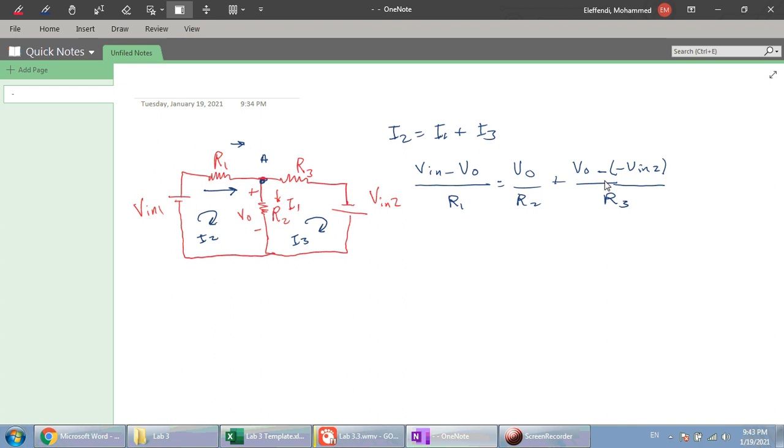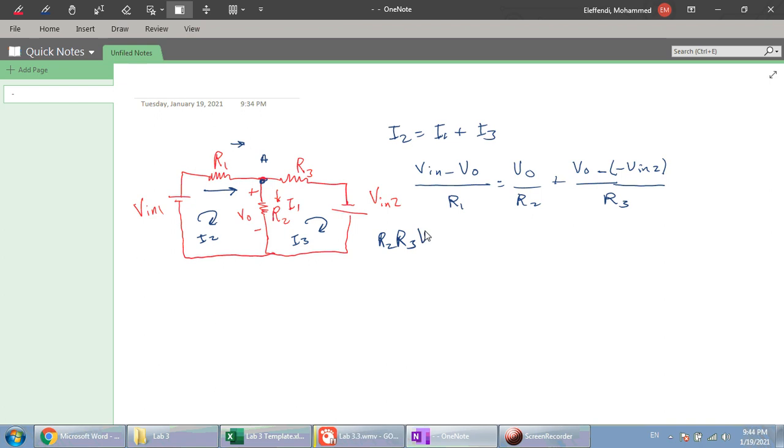Now from this point on, it only becomes a matter of manipulating the terms and isolating them. So what we're going to do is multiply this whole equation by R1, R2, and R3. If I multiply this by R1, R2, and R3, R1 goes away. We have R2 and R3, and then I'm going to spread the term.